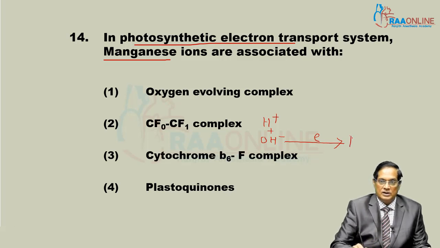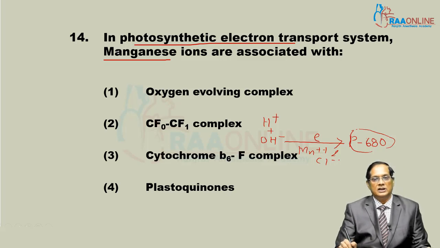This electron is taken up by the pigment system 2 reaction center, that is P680, and in this process Mn ions and Cl ions are needed. Manganese and chloride ions are needed for the transfer of electrons from water to pigment system number 2.